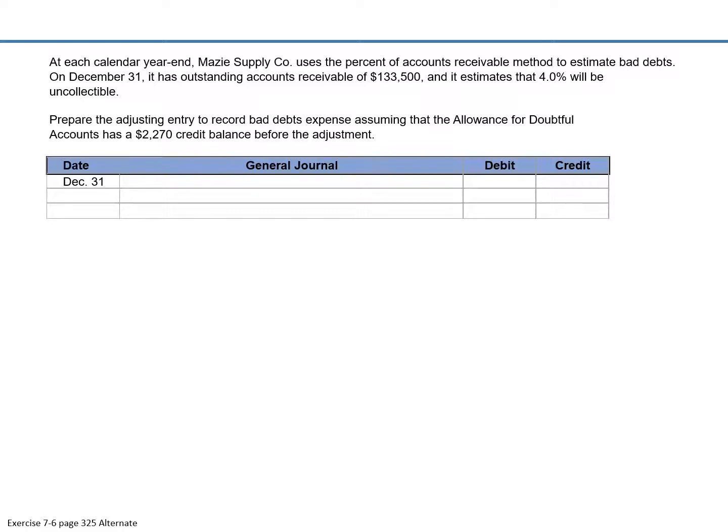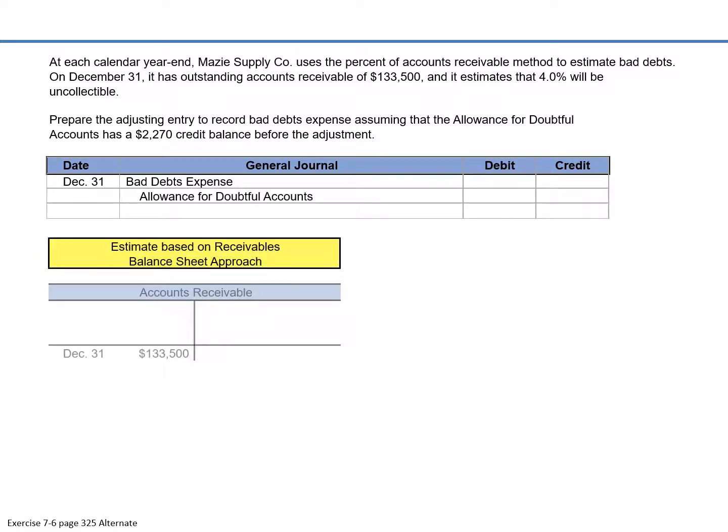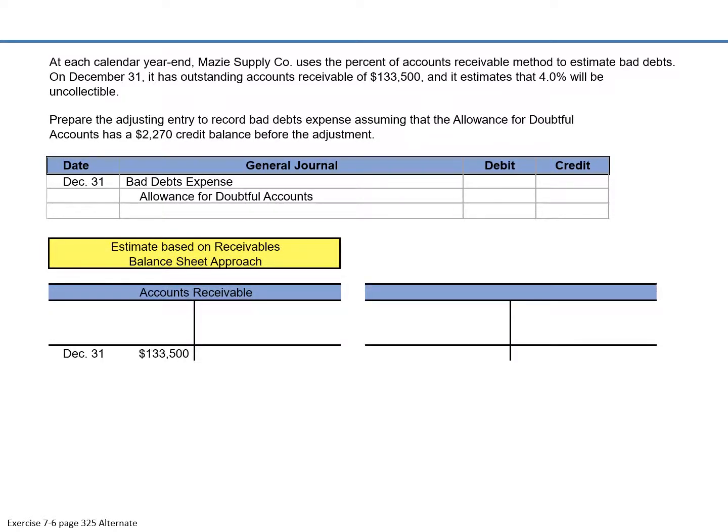All right, so this time, Mays Supply Company has outstanding receivables of $133,500, and they estimate that their bad debt should be 4%. So 4% of $133,500 is $5,340.